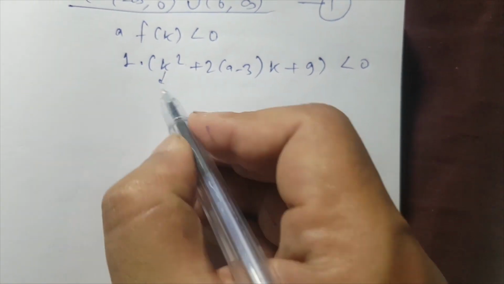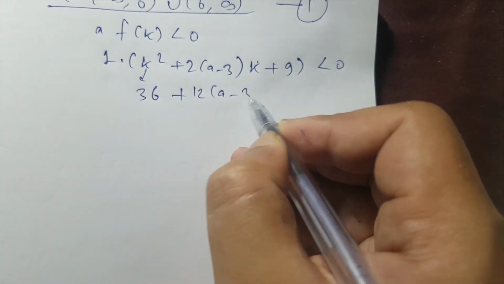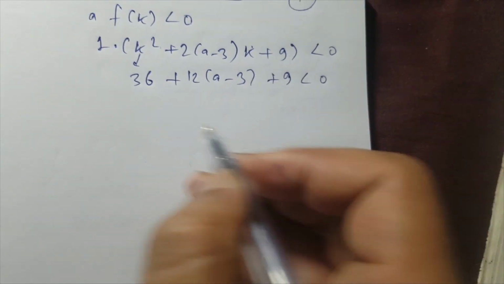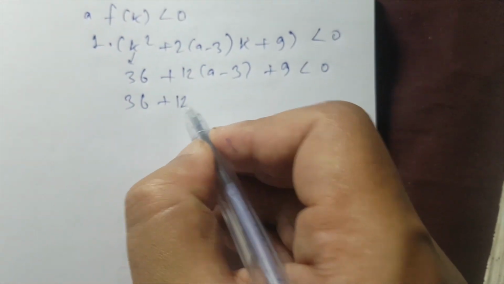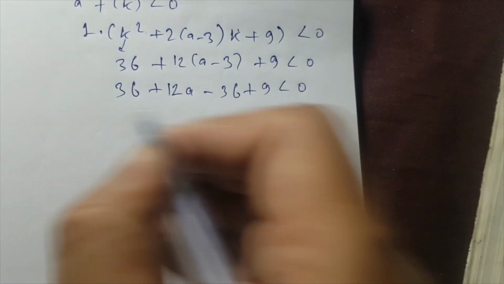And k is given, which is 6. So 6 squared, which is 36, plus 6 into (12a minus 3... that is, 6 into (2a minus 3)) plus 9 less than 0. So 36 plus 12a minus 18 plus 9 less than 0.